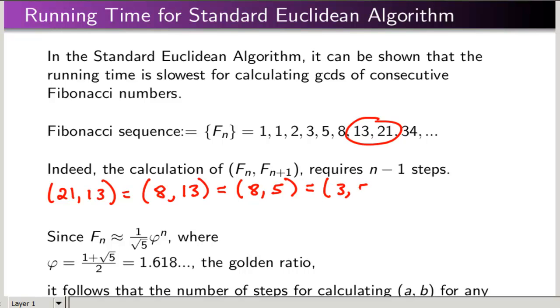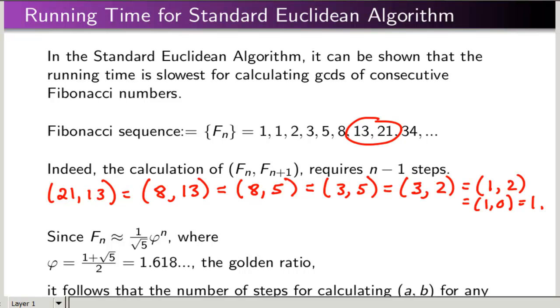So you're going as slow as possible because the quotient is always 1. 3 goes into 5 twice. 2 goes into 3 once. 1 goes into there. And bingo. And of course, it turns out that the GCD of any two consecutive Fibonacci numbers is always going to be 1, as this process is indicating.